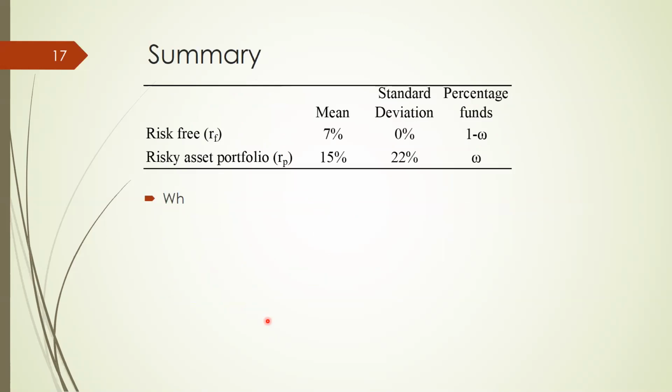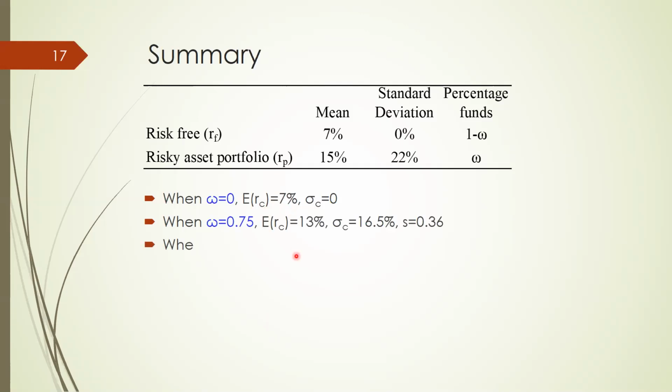To summarize, when omega is 0, there is no risk in the portfolio. The portfolio earns the risk-free rate. When omega is between 0 and 1, both the risk and return are a linear combination of the risk and return of the two assets. When omega is 1, the portfolio has 100% risky assets and has 22% risk and 15% return.